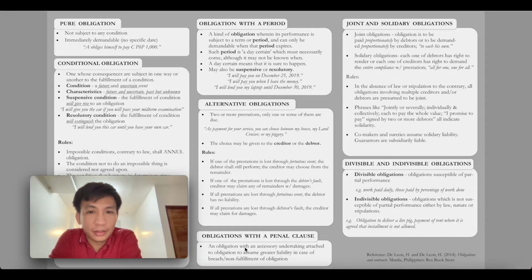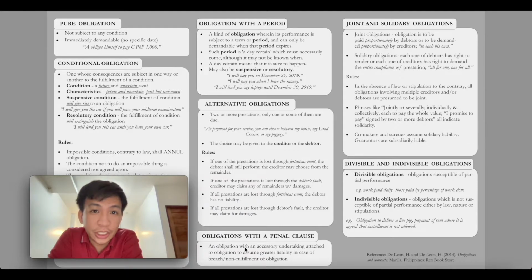What could have happened? That makes that possible? A mudslide, gaya nung recently sa Cagayan and other places in the country. So, if all these prestations are lost through fortuitous event, the debtor has no liability.